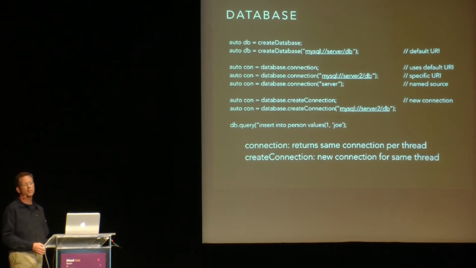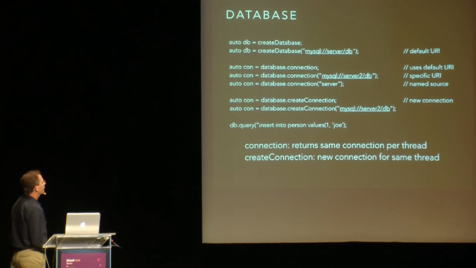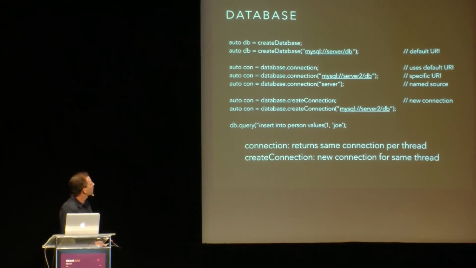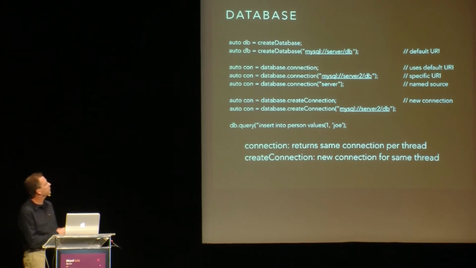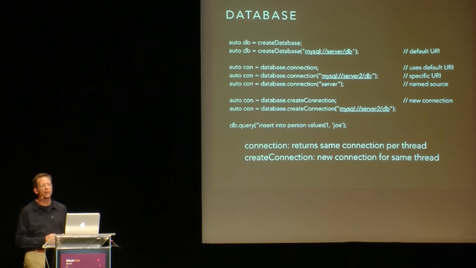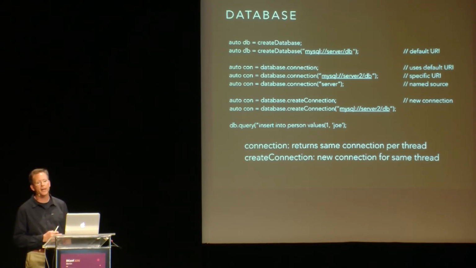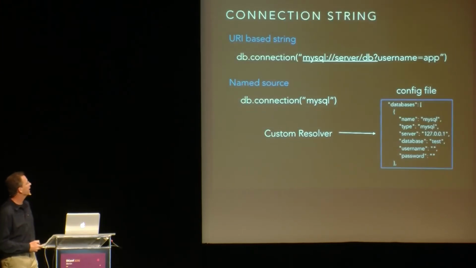Some people would just want something simple where they will look up the configuration in the home directory, but it has that dual purpose. And in fact, you can query right on the database object. I'm going to talk more about that in a second. But this is designed to make it as easy as possible to do what you want to do, rather than having to do it an exact particular way.